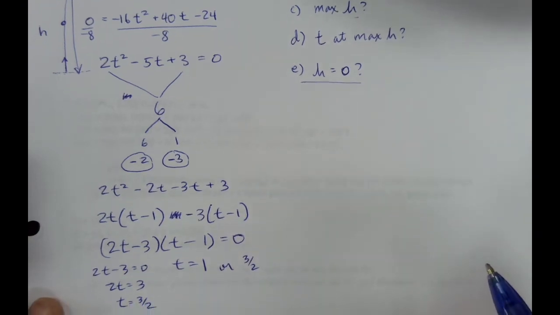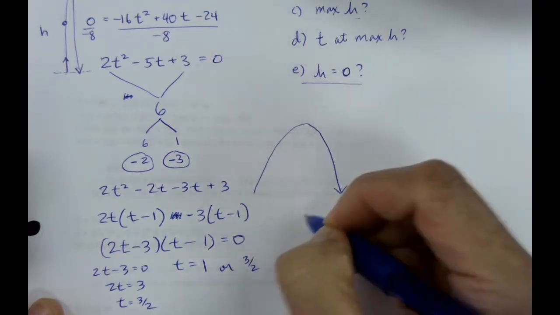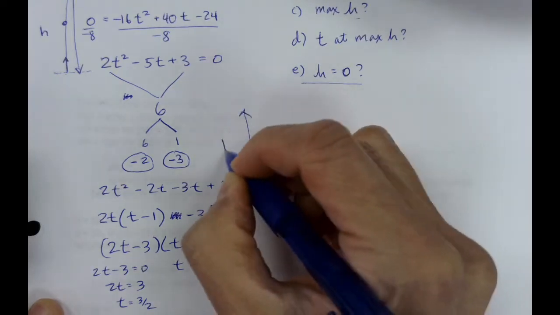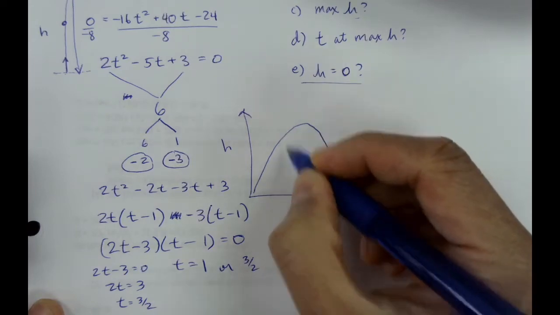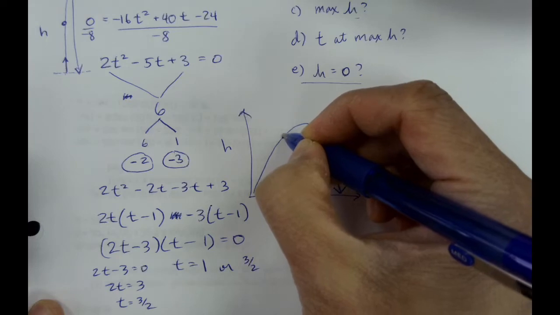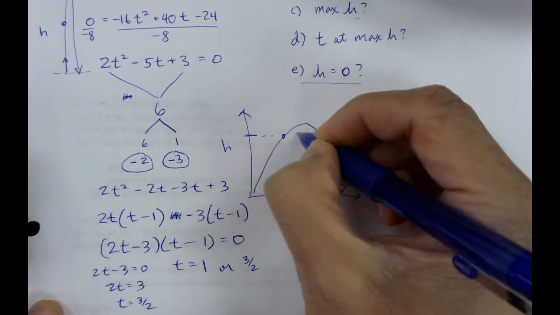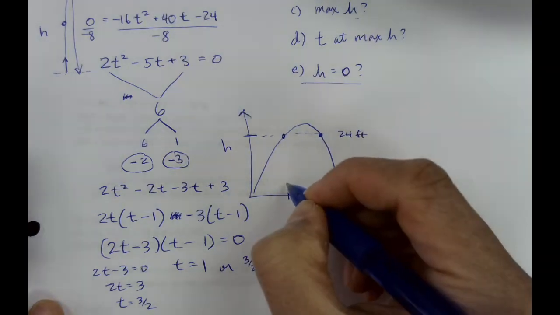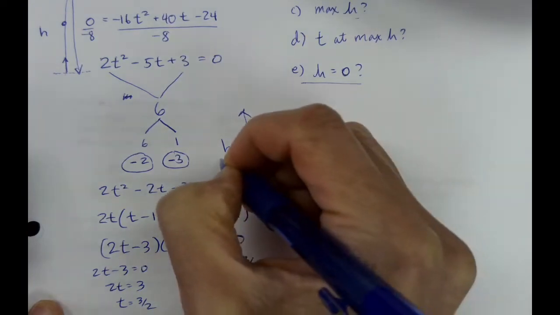Okay, so looks like two solutions. If that's time and that's height, basically it looks like at 1 second and at 1.5 seconds it reaches a height of 24 feet, is the way that we could picture what is going on here.